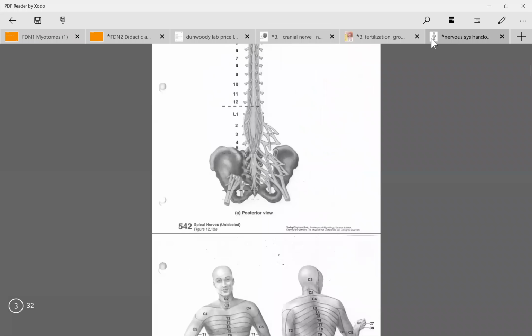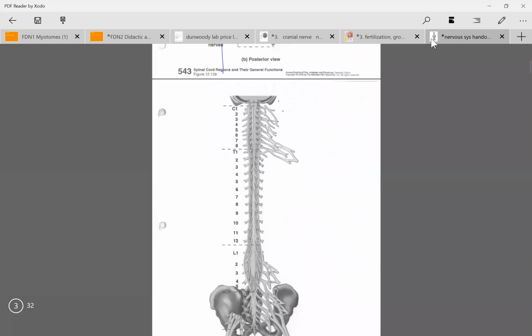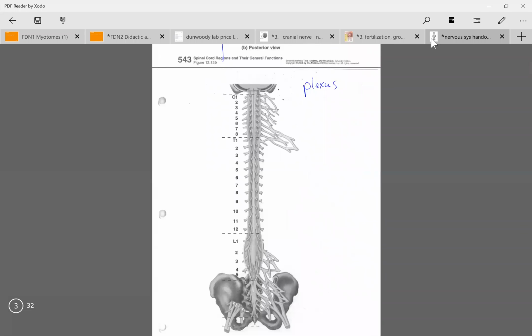All right, we have this thing called a plexus. Okay, and we have a cervical plexus.